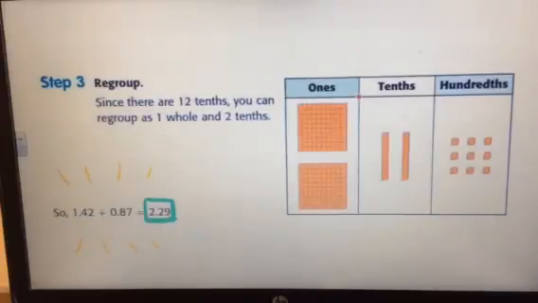We can now see that 10 of the 12 rods have come together to form another flat. Therefore, my final answer to 1 and 42 hundredths plus 87 hundredths equals 2 and 29 hundredths.